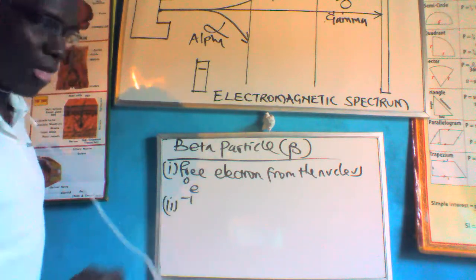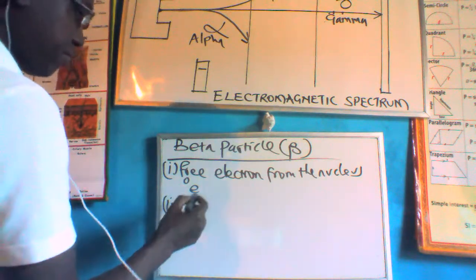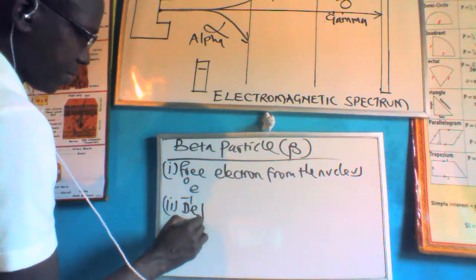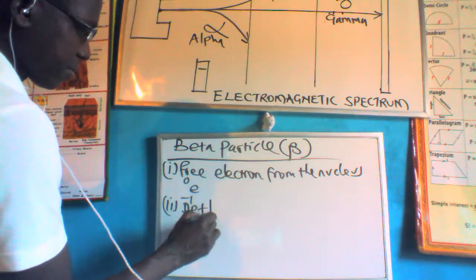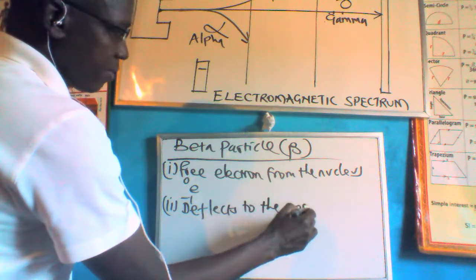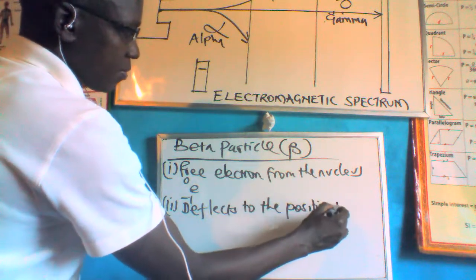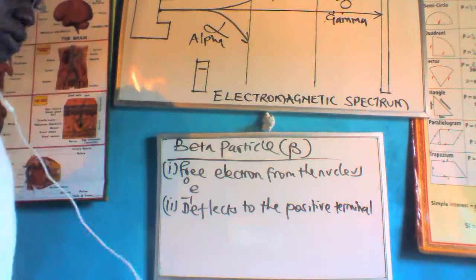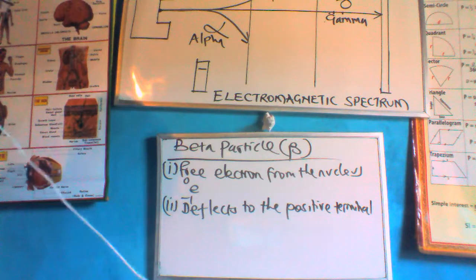Number two, the beta particle is deflected to the positive terminal. This is simply because it is negatively charged.